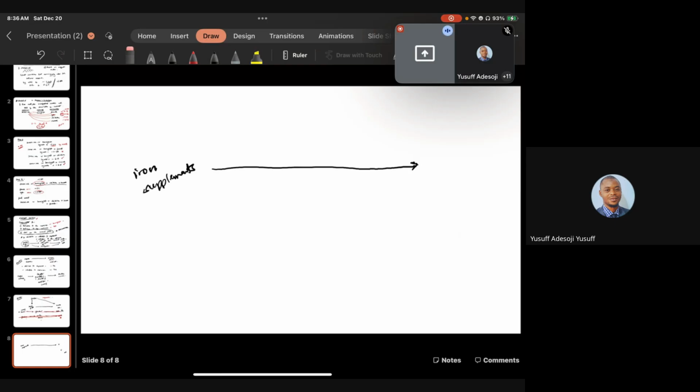Let me draw this differently. The line was too long. Anemia. Survival. Does everybody agree with this thing that I've drawn, or does everybody understand it? We all know what anemia is, that's for starters.